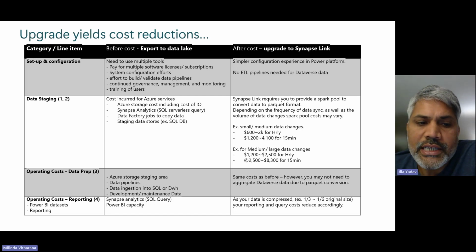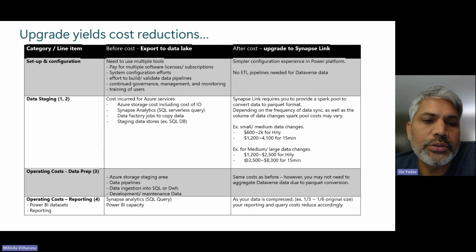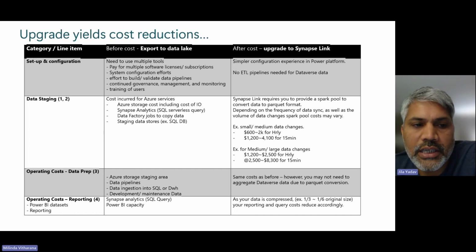So the key thing here is there is a cost, but you can potentially save all the other services which you are using to do the further transformation or further staging of the data.